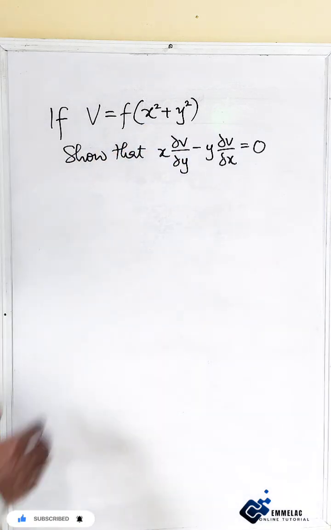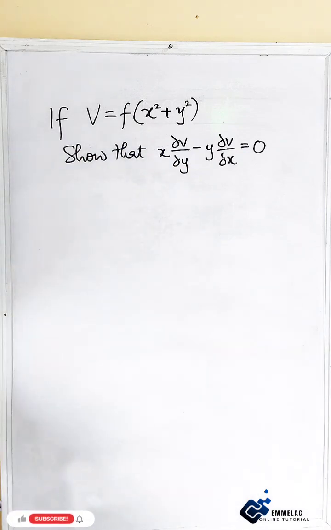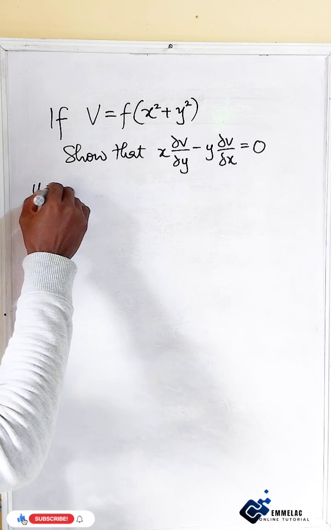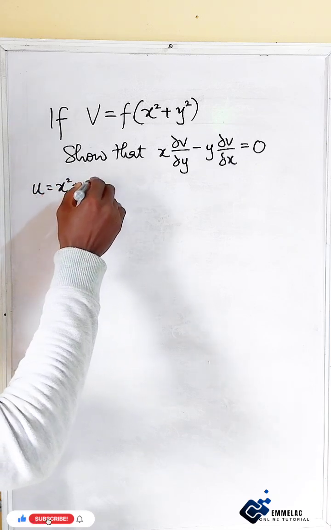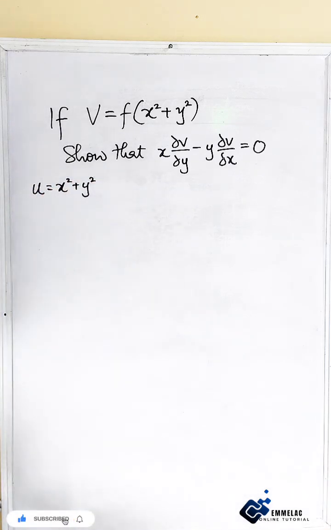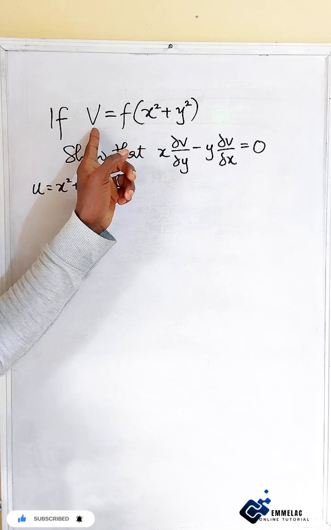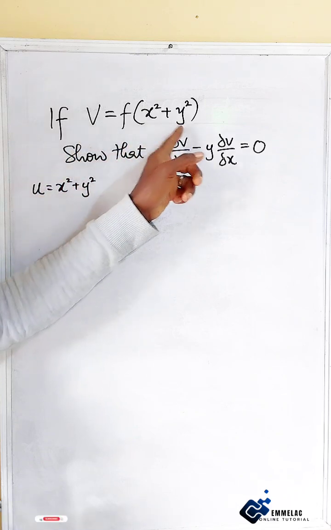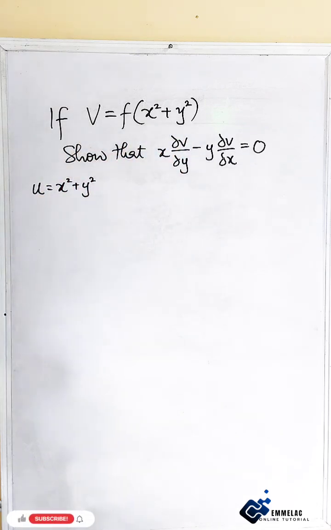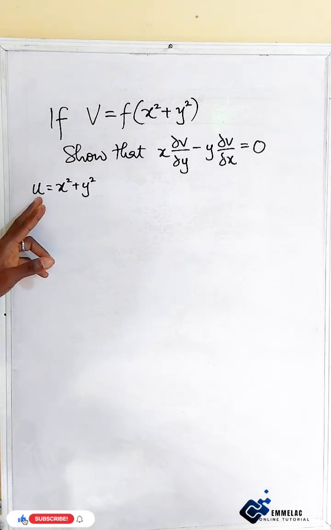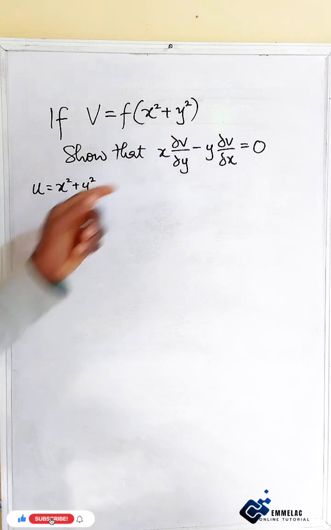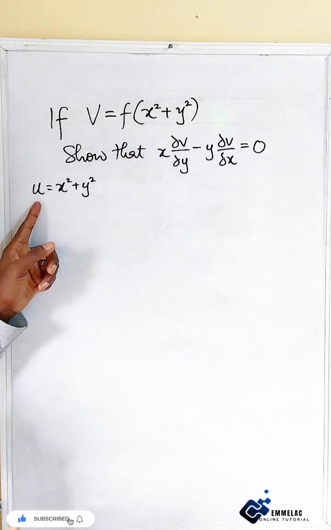Now, for us to differentiate this, let's make u equals x squared plus y squared. The reason we are doing this is because v here seems to be a function of two variables, and for us to handle that, we have to make x squared plus y squared a sort of one variable.